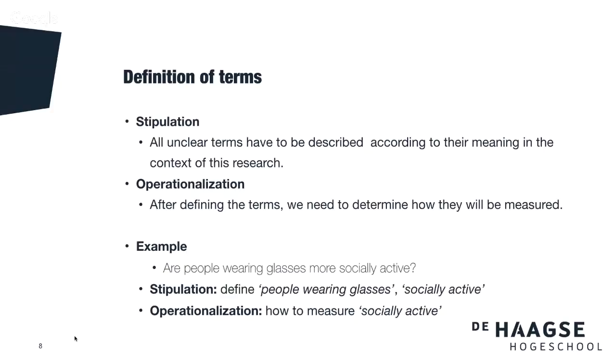We call them stipulation and operationalization. Stipulation is basically defining every term that is not clear. So all unclear terms have to be described according to their meaning in the context of this research. Some words mean multiple things in different contexts, so you have to choose the definition that is relevant for the context of your research.